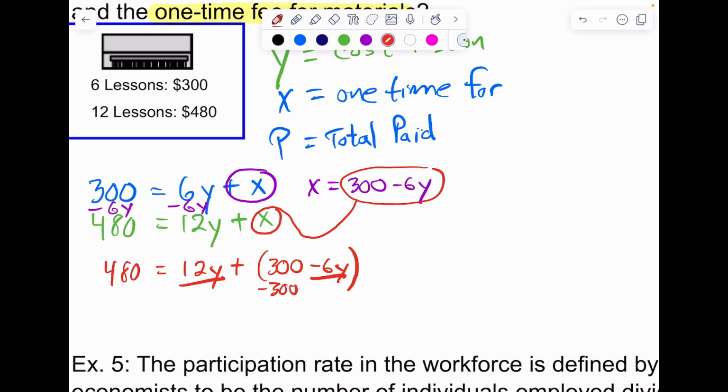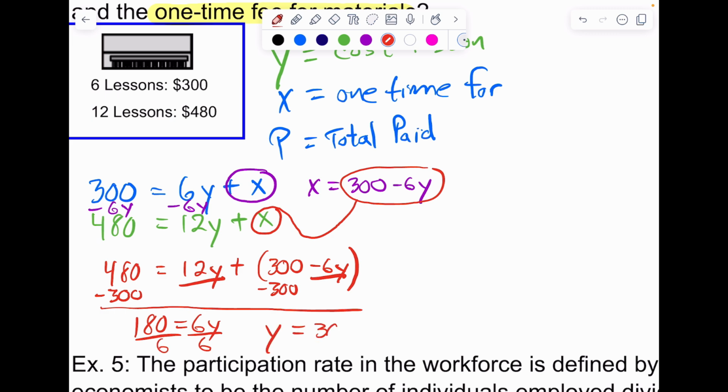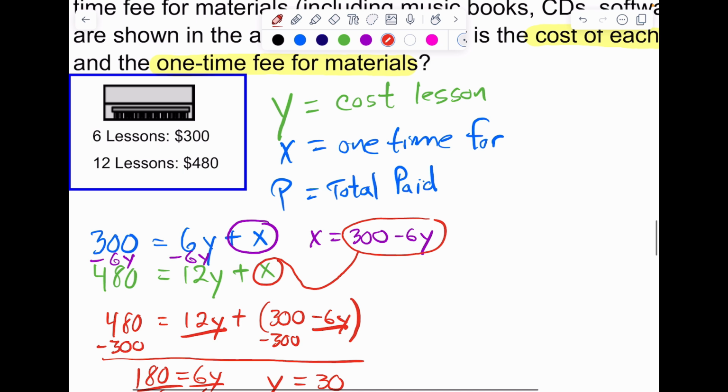I'm going to subtract 300 to both sides. 180 equals 6Y. Divide both sides by 6, and Y equals 30. So that means that our Y, our cost per lesson, is $30.